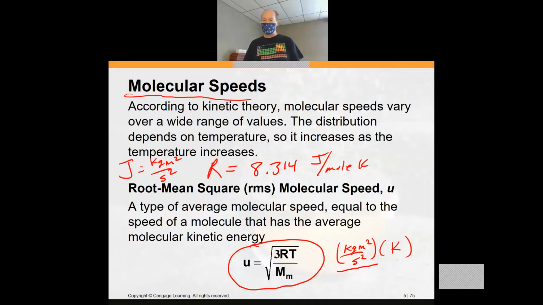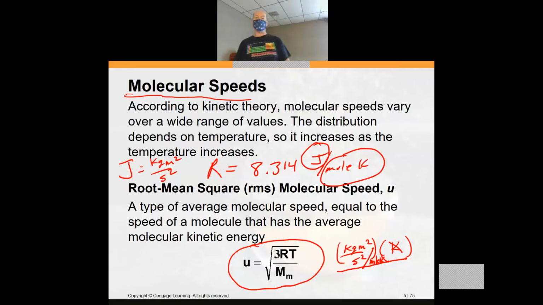And then that's per mole Kelvin, sorry. So the joules, that is the kilogram meter squared per second squared, and you're still per mole Kelvin here, so that the Kelvin here cancels the Kelvin here.